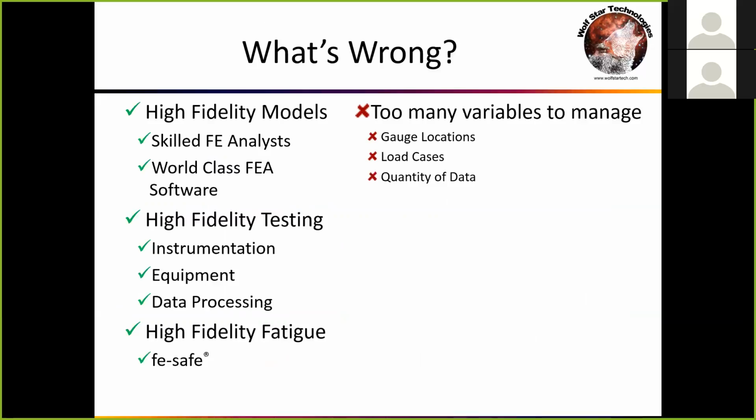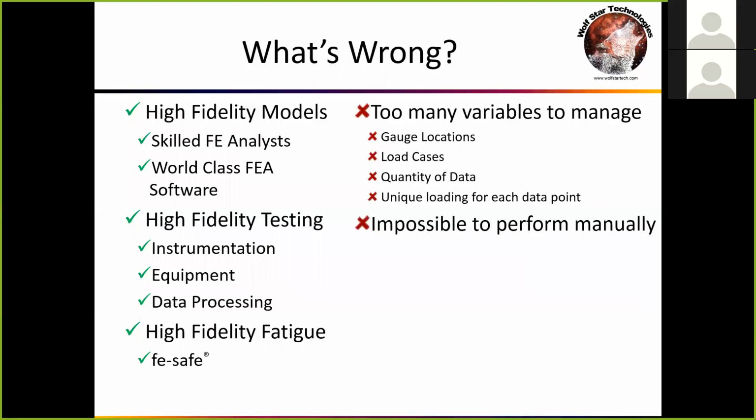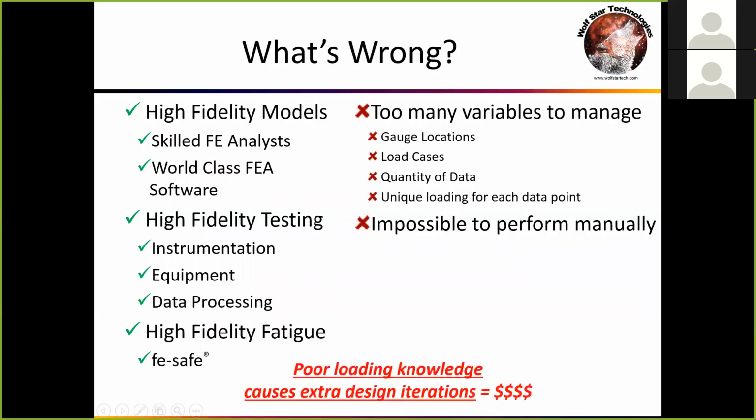These time histories of testing might be 500,000 data points. And at every point in time, you've got a unique loading recipe for each point in time that you've collected data. And it's just impossible to do manually. So you're in this no-win situation, and you're just left spinning your wheels. So this is what we're all up against.